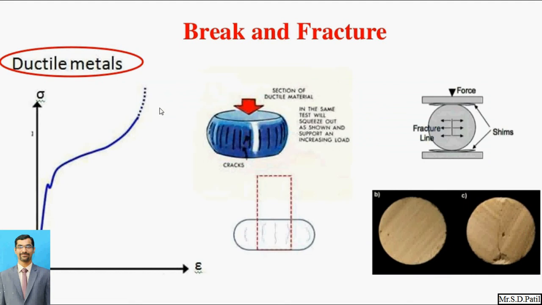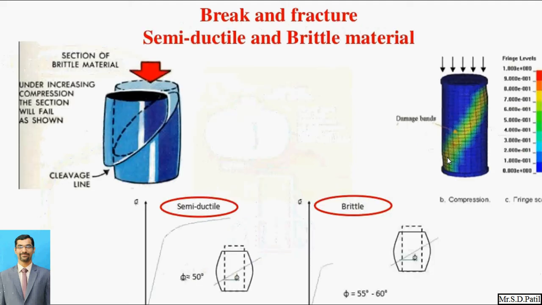Here we can see how the graph varies for the ductile material. These are the loading conditions and the exact pattern of breaking and fracture. For the semi-ductile and for the brittle, these are the diagrams.